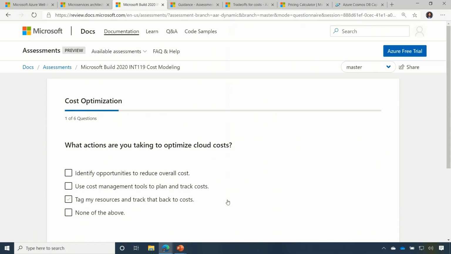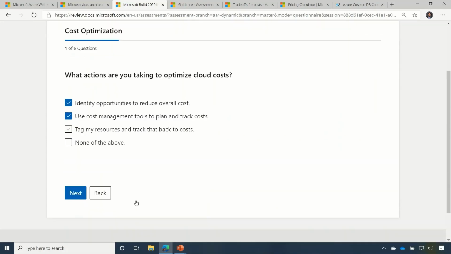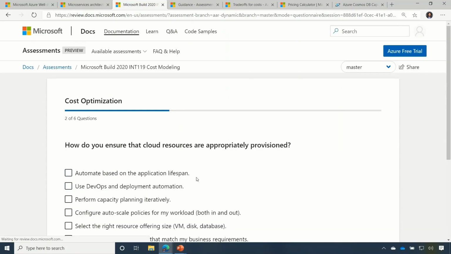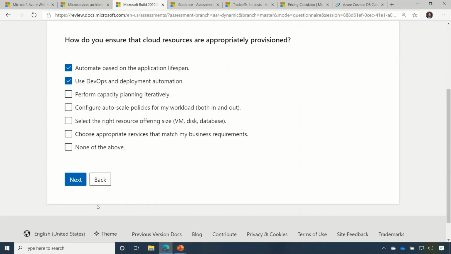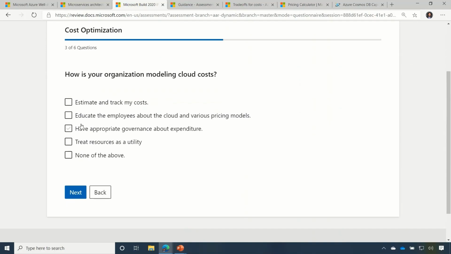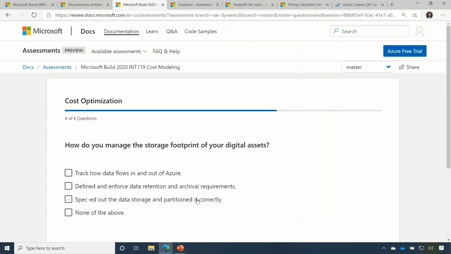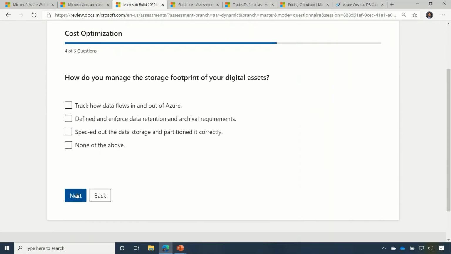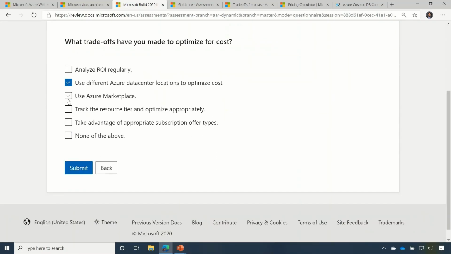These questions cover the principles that are important to your architecture, your design considerations, and the trade-offs you've made. There are additional questions on how you plan to provision, monitor, and optimize your solution costs over time. Ensure that your answers are specific to the workload principles and not that of your entire organization. Click through to complete the assessment.